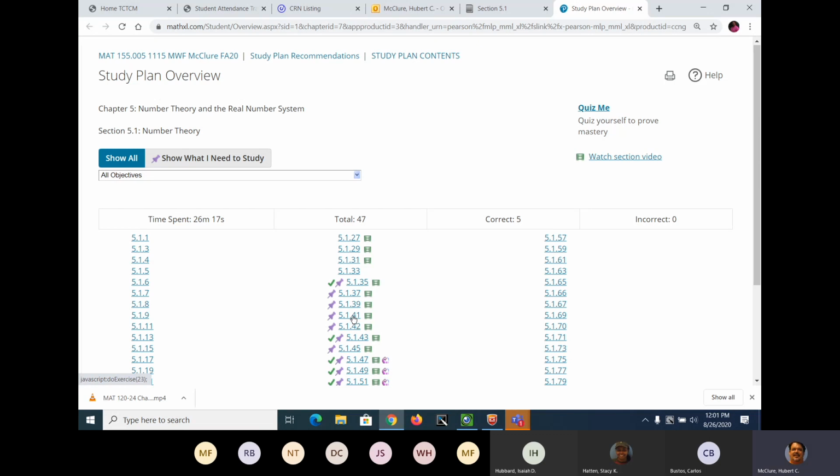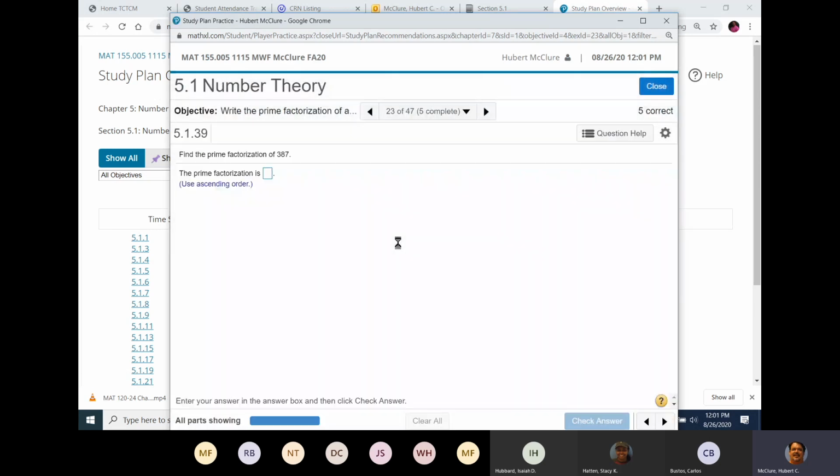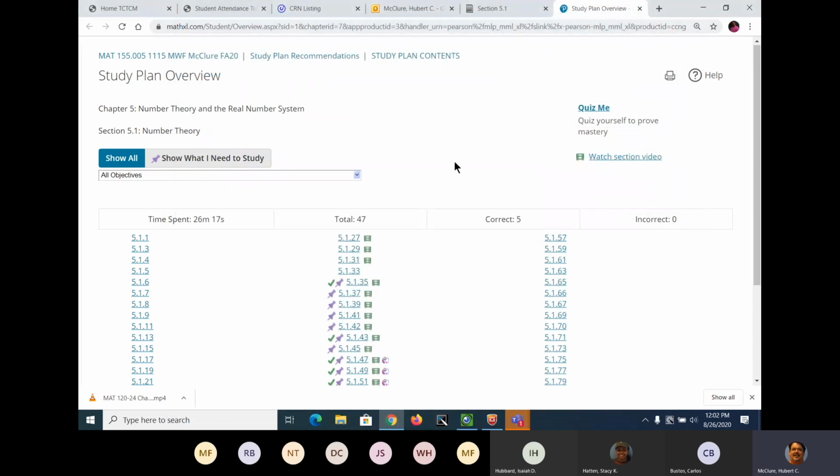Now, let's say you do 39, and you get on there and you go, golly, this is a hard one, I don't know how to do this one. Well, then you send it to Hubert. Ask my instructor. So that's how you utilize the extra problems. Hopefully that'll help the person that asked, because they couldn't remember how to get to the chapter content or the study plan.